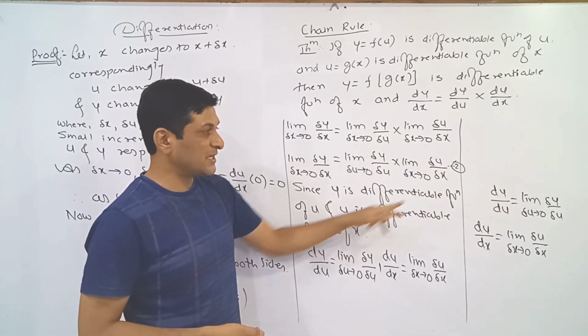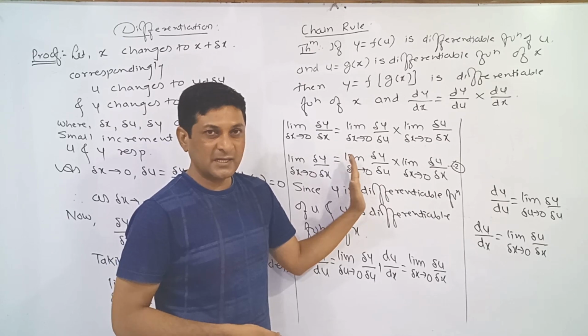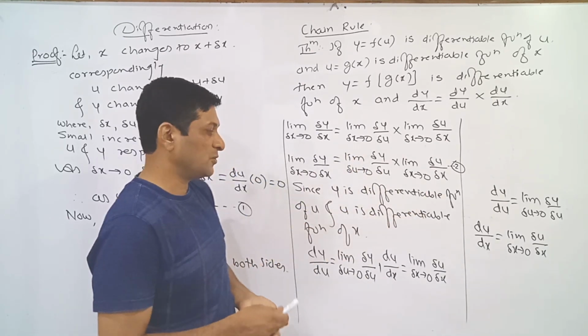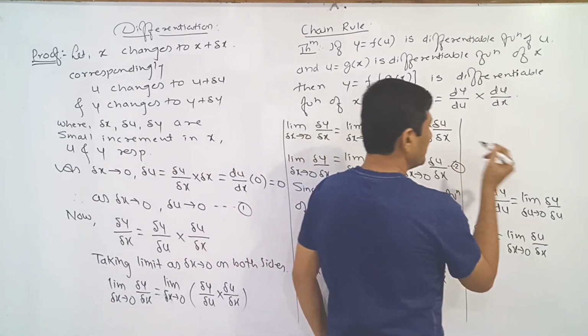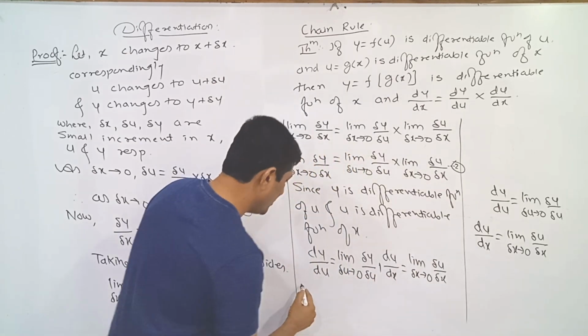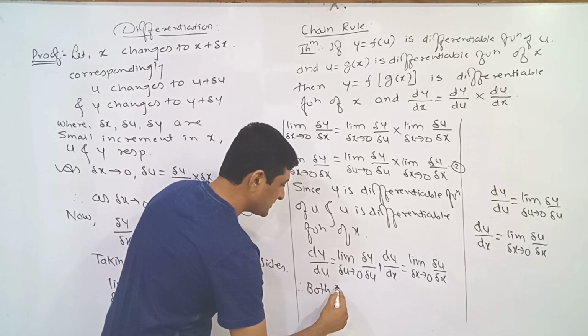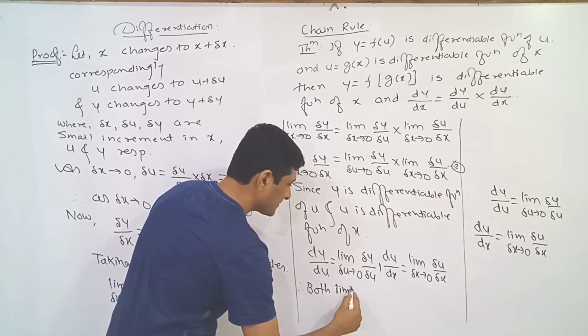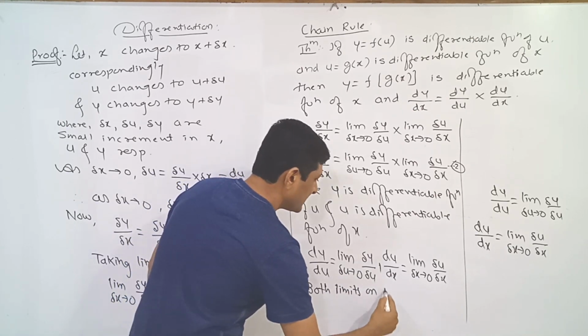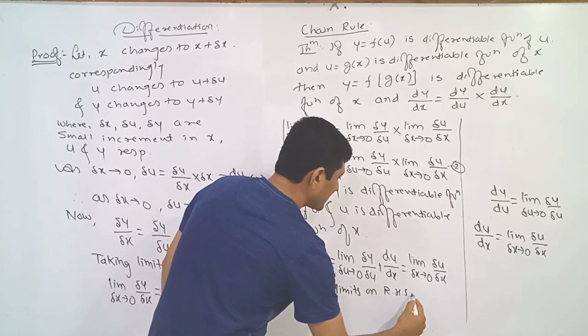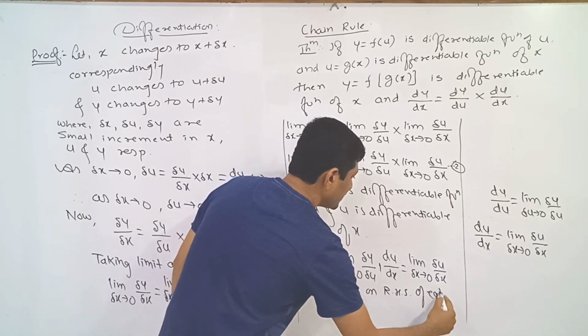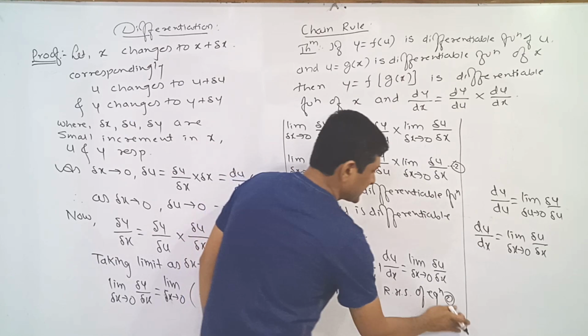So now we are able to say that both the limits on the right hand side of equation 2 exist. So here we write, therefore both limits on the right hand side of equation 2 exist.